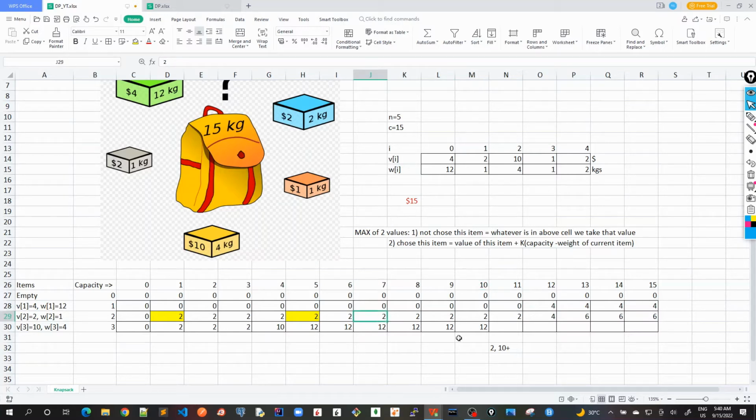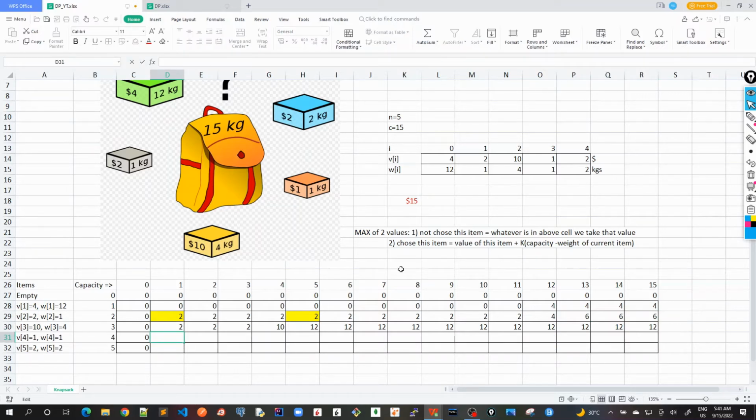So this cell, 10 plus 2. So we know that this is 12. 12 is the maximum number out of these two. So we choose this item. And now again for 12, the same formula goes, so it would be 12. Similarly, it goes for other cells as well, because we know that the maximum value is 6 here, and once we include it, it's already 12.